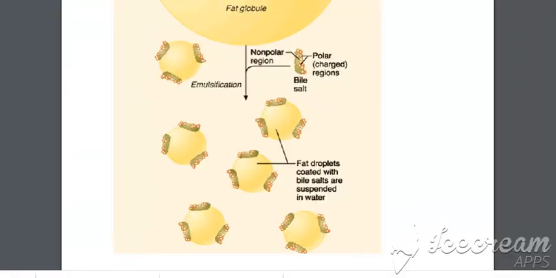Emulsification happens when the bile salts that are produced by the liver combine with the fat globule, and they will increase the surface area of that fat globule, so the fat droplets can be coated with the bile salts, and then the lipase would have a larger surface area to act on. Note in this experiment there was no lipase added, so we're just talking about the process of emulsification.